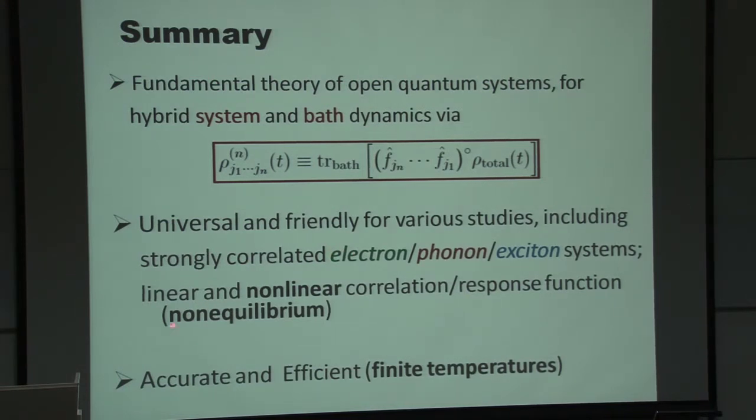This can calculate linear and nonlinear response functions, both equilibrium and non-equilibrium. Non-equilibrium just means applying voltage, and you can consider current flow conditions. And this is very accurate and also efficient. The problem now is that it only works for finite temperatures and cannot work for zero temperatures, because of this, we use the exponential expansions.